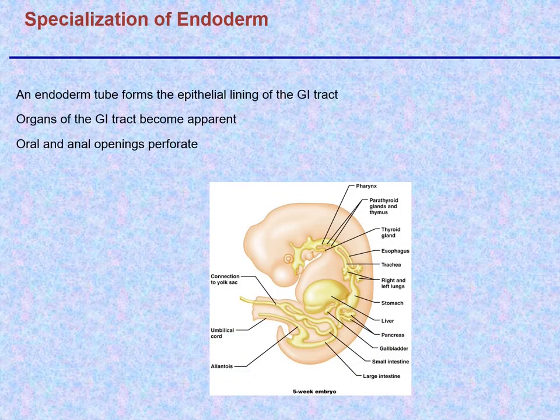And here you see the endoderm development of what structures the endoderm will lead to. It'll become the epithelial lining of the gastrointestinal tract and respiratory tract, which isn't written here, but that's what happens. Organs associated with the GI tract, also the stomach, liver, pancreas, gallbladder, all of these are derived from the endodermal tissue.